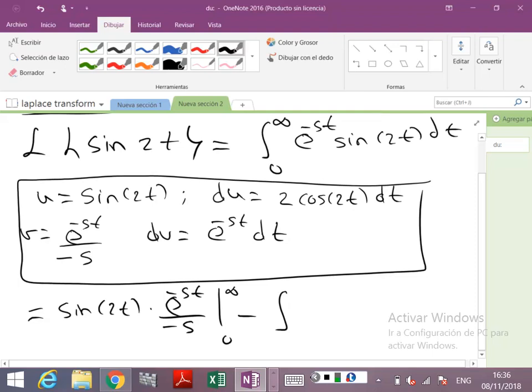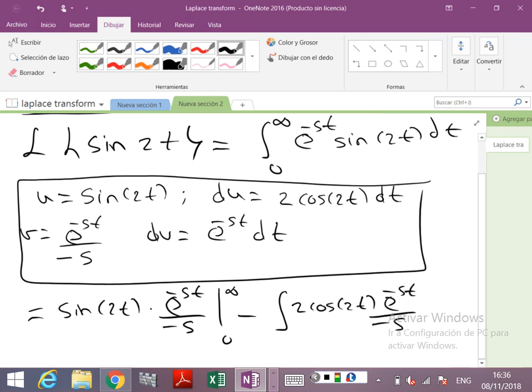So we write 2 cosine of 2t e to the minus st over minus s dt, right? That's v du.